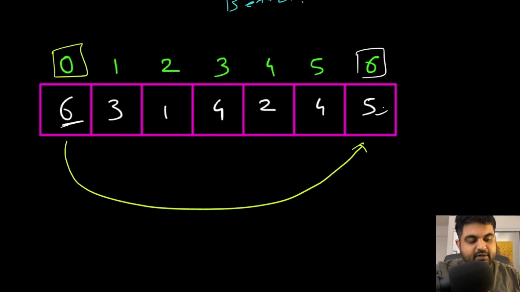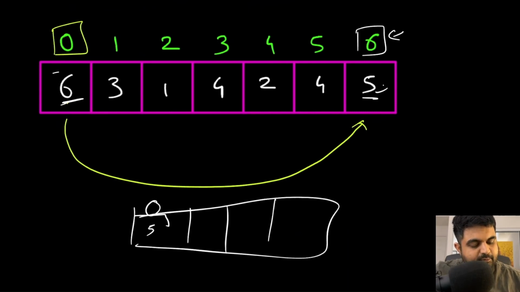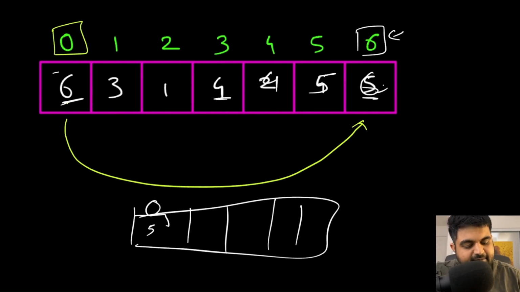So 5 would come to this place and 6 would come to this place. So on position 0, we would have element 5 located, and so on and so forth. We would keep on swapping the elements. So now this one will become 6, eventually this one will become 4, and this one will become 4 as well. So eventually we would be left with element 4 hanging someplace. The moment we identify that, we can say for sure that 4 is the repeated number.